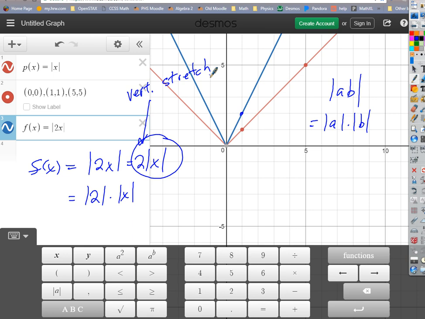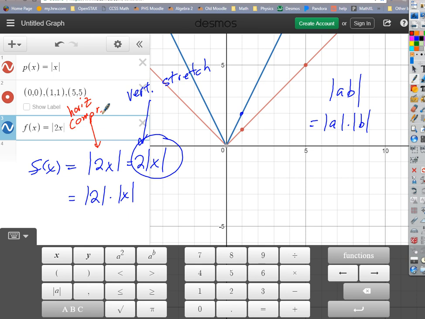If the 2 is inside, that means horizontal compression, right? 2 is also the important number though, right? If I'm stretching something by a factor of 2, that means I must be multiplying by 2.